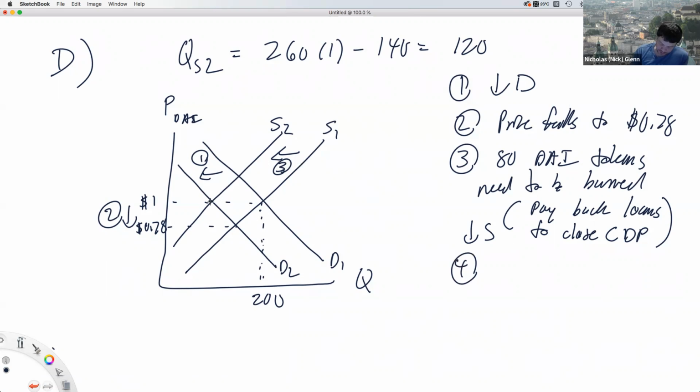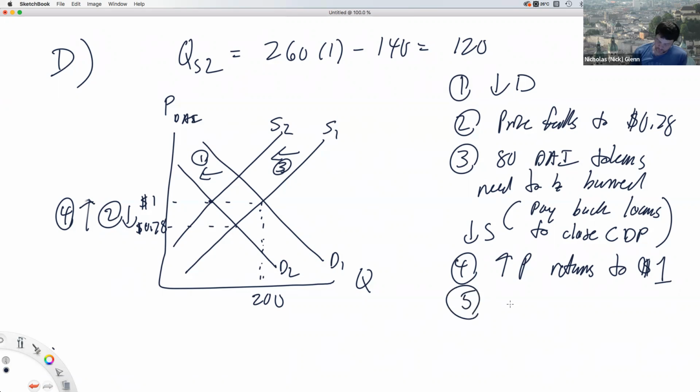When supply shifts back, our price returns to $1, where it needs to be. All right. It returns to $1.